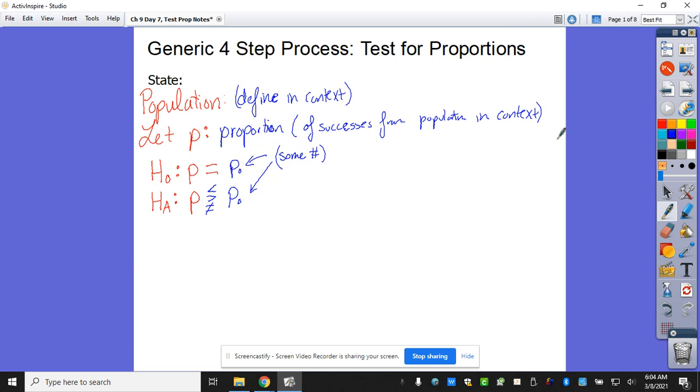So I'll come back to that when we get there. And then let alpha equal number. And still the same, if not given, use 0.05. I actually wrote it correctly this time.